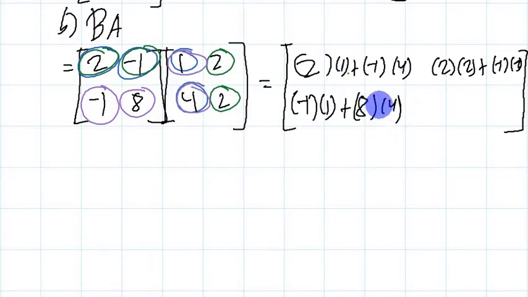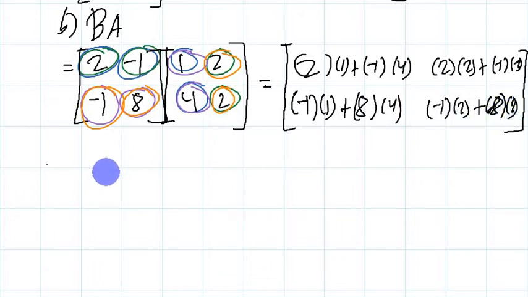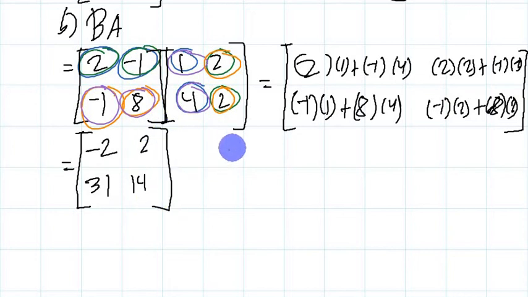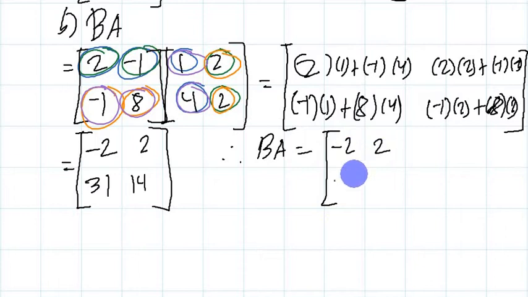Finally, for row 2, column 2, we're going to have negative 1 times 2. Add that to 8 times 2. So therefore, finalizing all these expressions, we're going to have negative 2, 2, 31, and 14. So therefore, B times A results to the matrix negative 2, 2, 31, and 14.